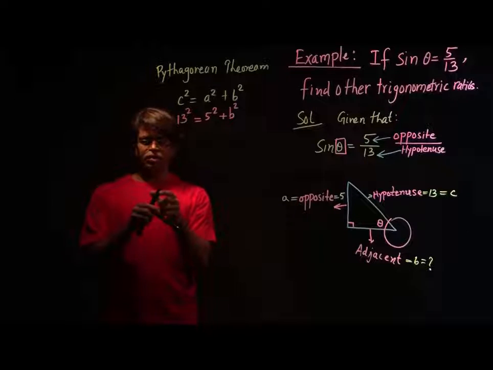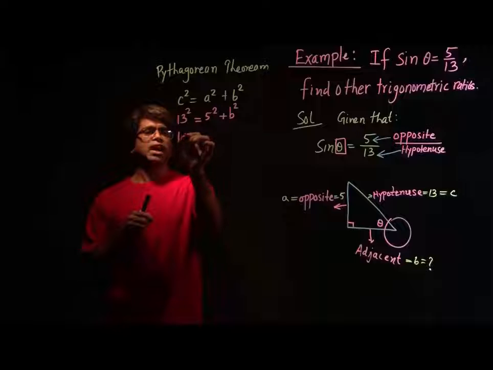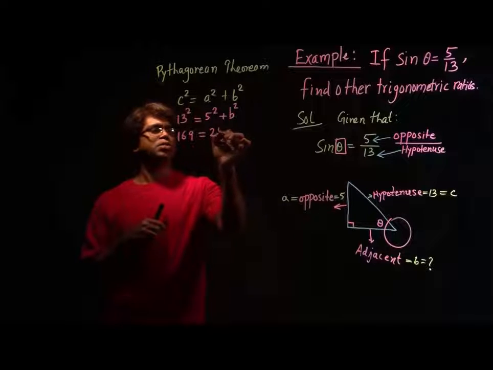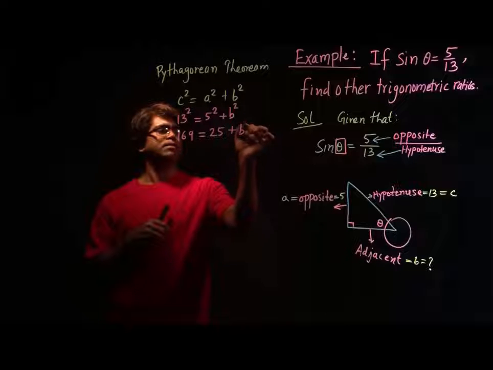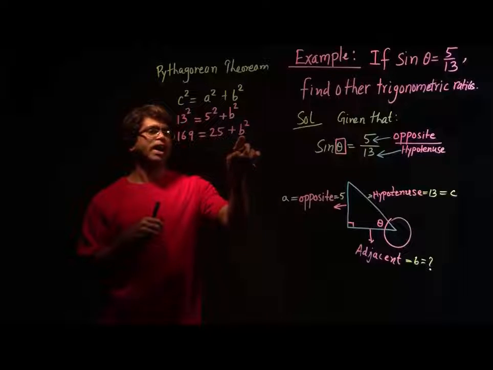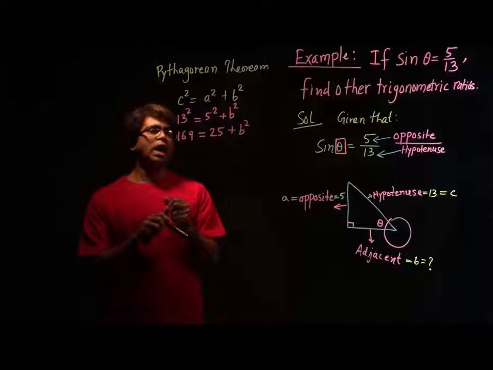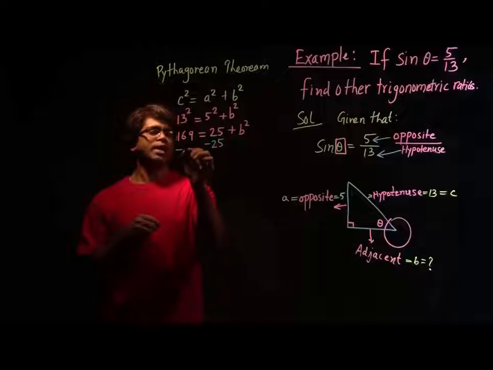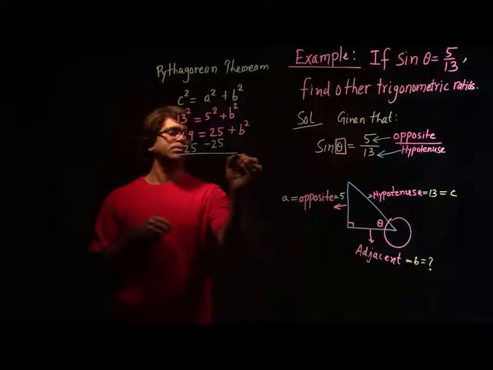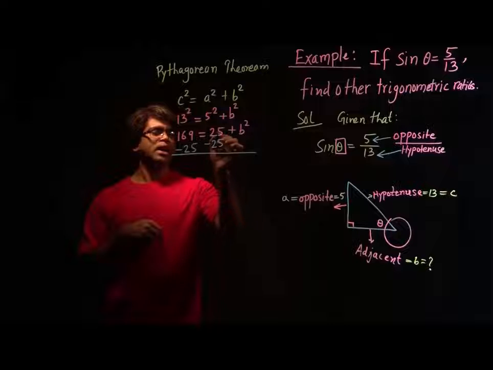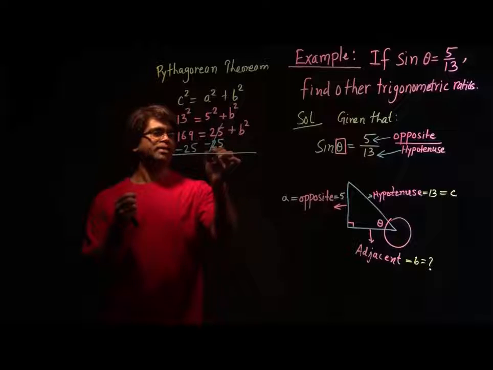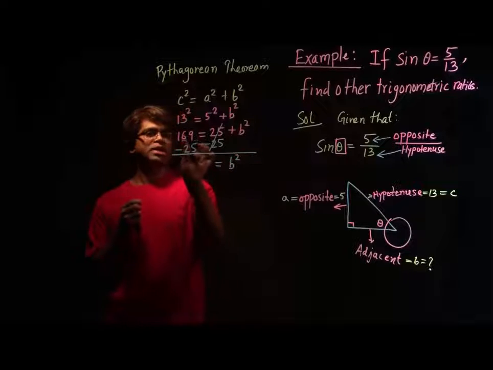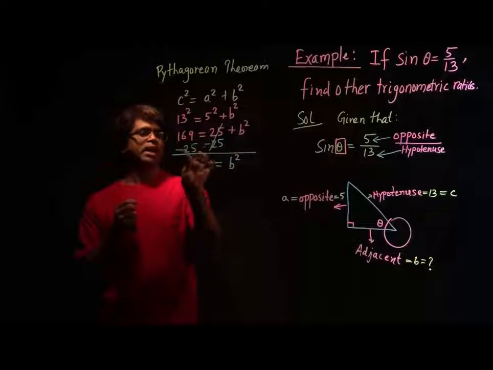The square of 13 is 169, equal to the square of 5, which is 25, plus b squared. I want to find the value of b squared, so I'm going to subtract 25 from both sides to separate b squared from the numbers. The 25 cancels out, and the only thing left on the right side is b squared, which is equal to 169 minus 25.